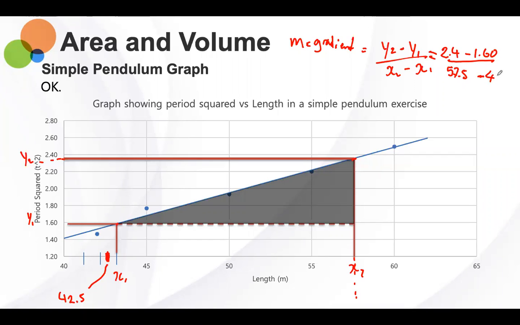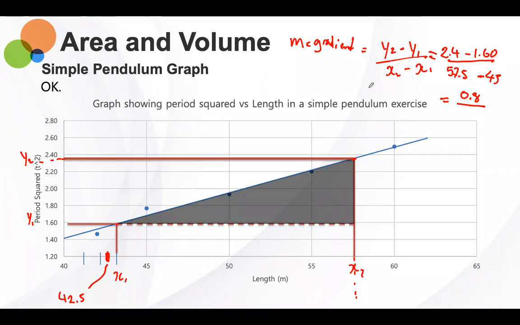Somebody plug this into their calculator. What is 2.4 minus 1.60? 0.8.